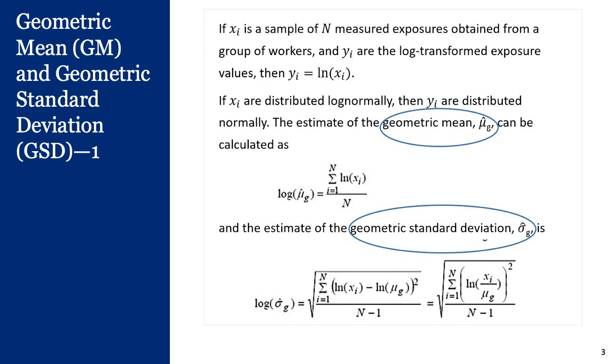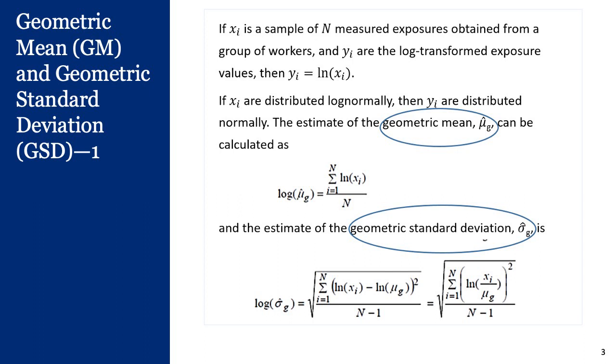So you take each log transformed x_i and subtract from it the mean of the log transformed values, that is, the natural log of mu g. You square the difference, sum all these squared differences, divide by n minus 1, and then take the square root of the whole thing. So this is the formula for standard deviation that we are all familiar with, except we are doing it on log transformed values.